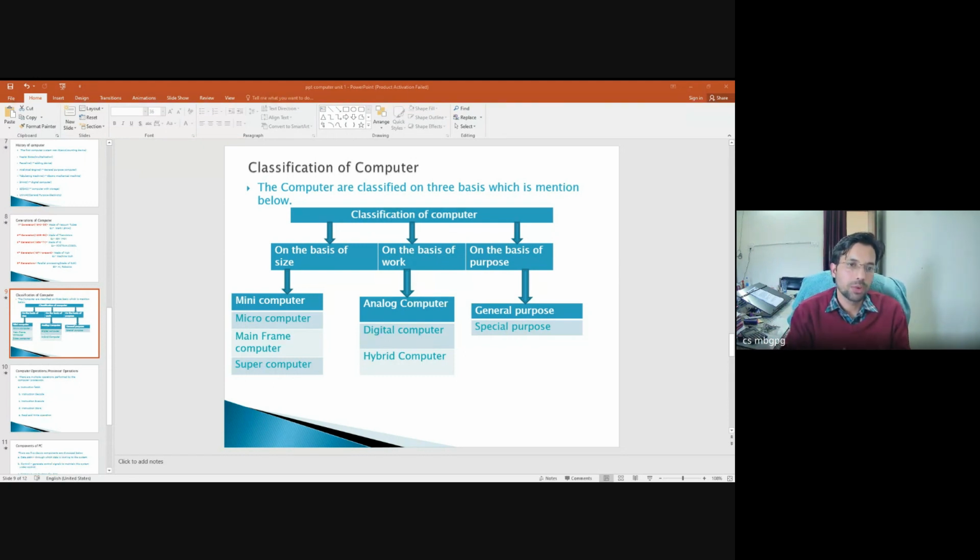These computer systems are your mini computers, microcomputers, supercomputers, mainframe computers, your mobile phone, your personal PC, your tablets. These are your computers on the basis of size. We will discuss these computers.